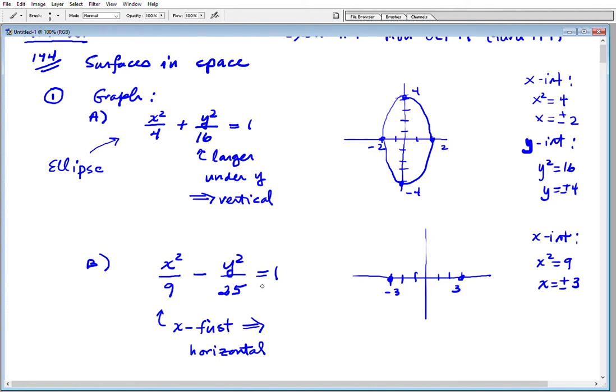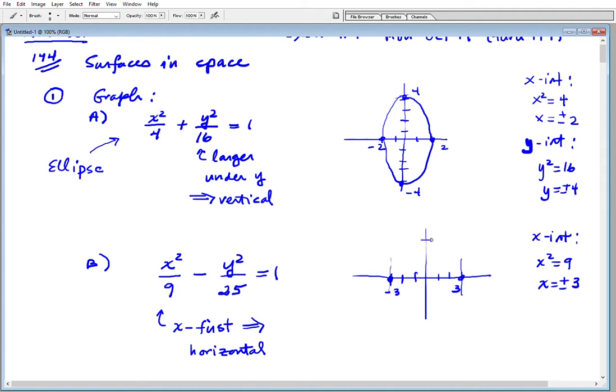All right, and what we do is draw this little box in order to do an accurate graph. We're going to draw a box that has vertical sides at 3 and minus 3, and the horizontal sides will be determined by this number 25, by the square root of 25, 5 and minus 5.